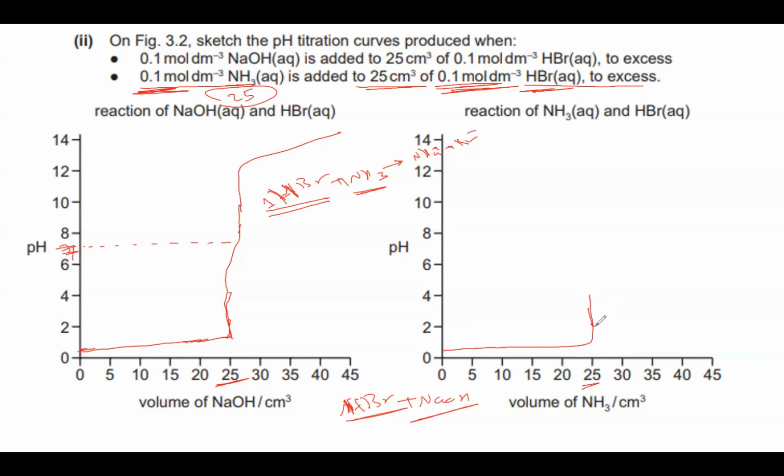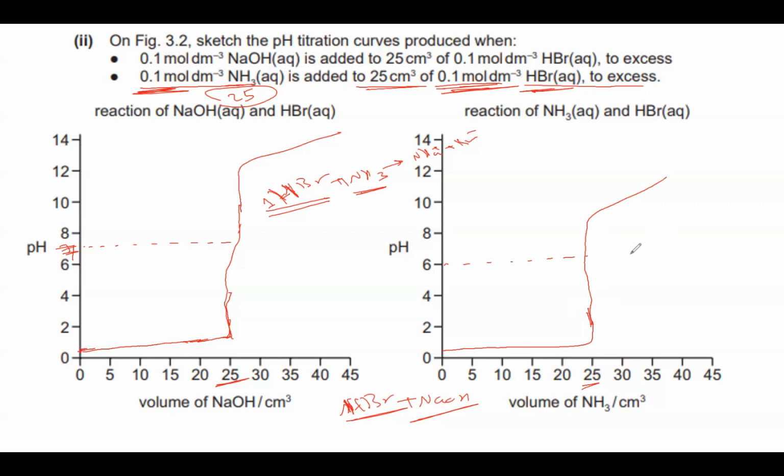The curve has a vertical line, but the vertical line will not grow significantly because NH3 is a weak base. And we see that the equivalence point is almost at pH 6. This is the equivalence point here.